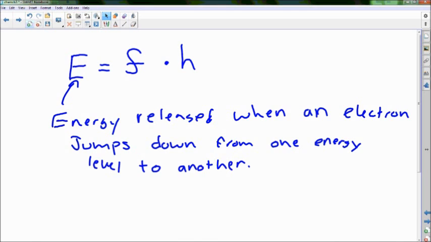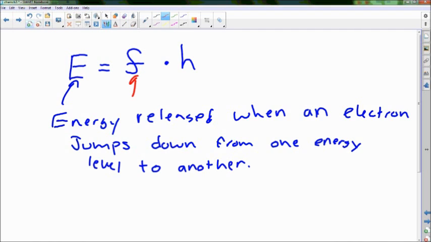Now, where does that energy go? It goes into the type of light that's being released. It produces a light wave or a photon. So the type of light that comes out, of course, is going to depend on how much energy there is, and we can calculate that by this equation. And we'll do a couple problems here just to see how this works.